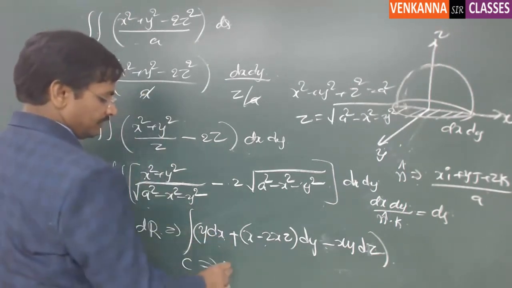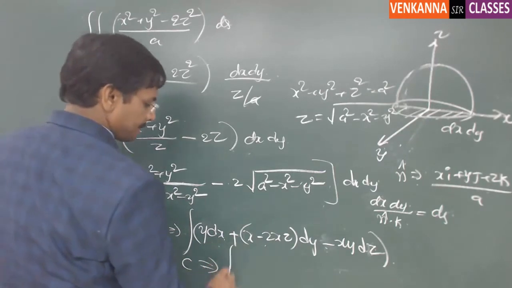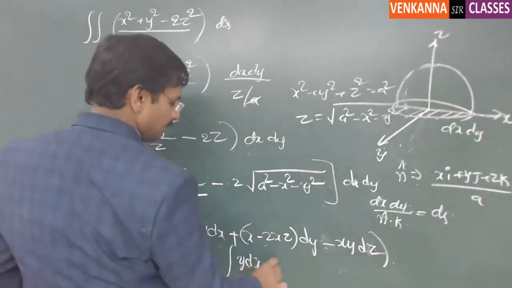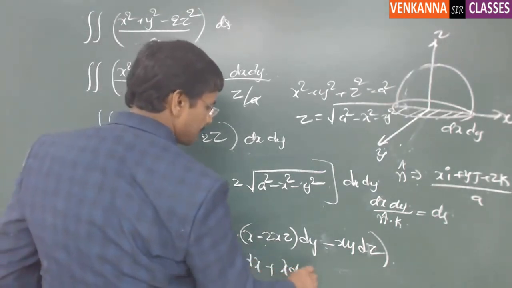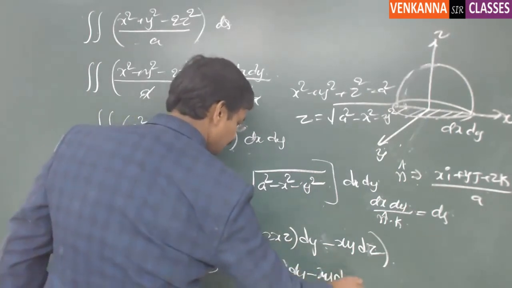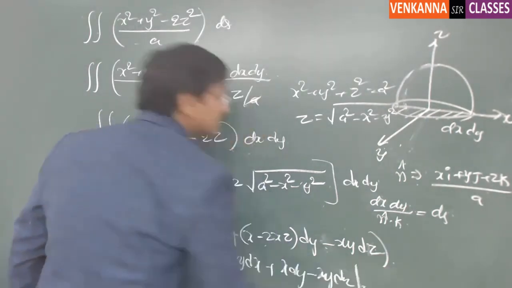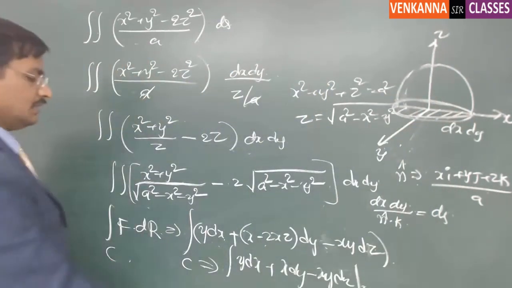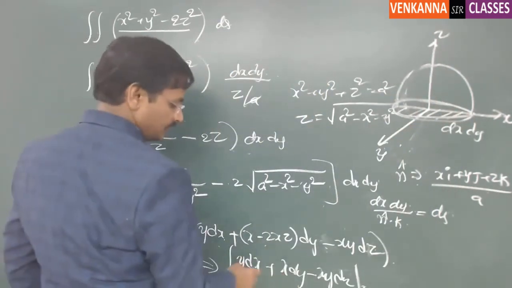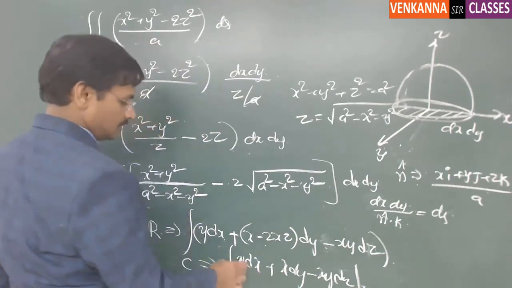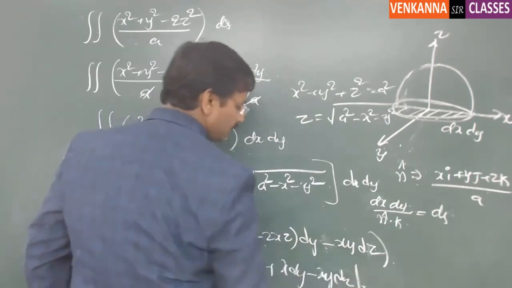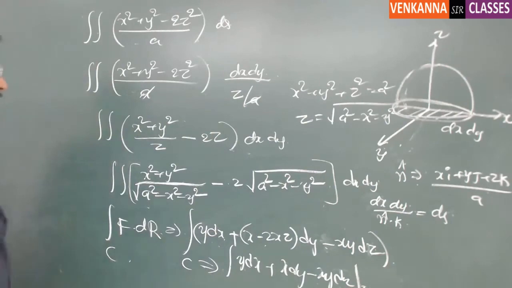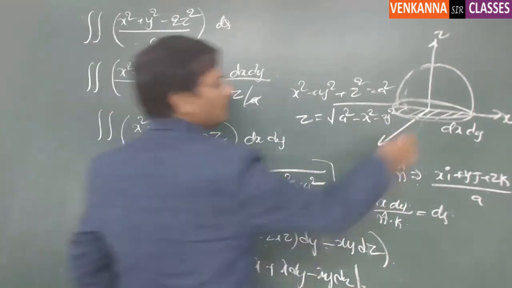So this one, integral y dx plus x dy minus xy dz, at z equal to 0. This is the line integral we are talking about, right? So on this line integral, you can put it in the polar form.